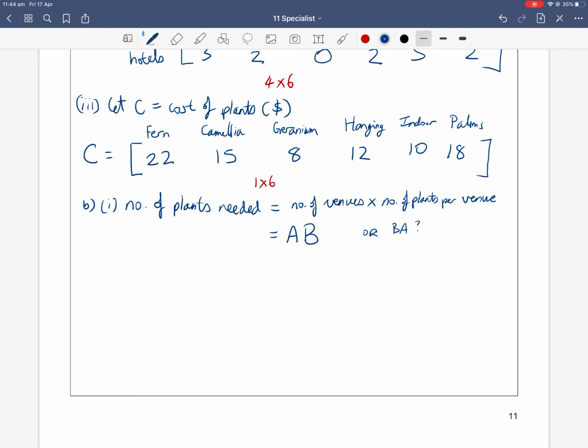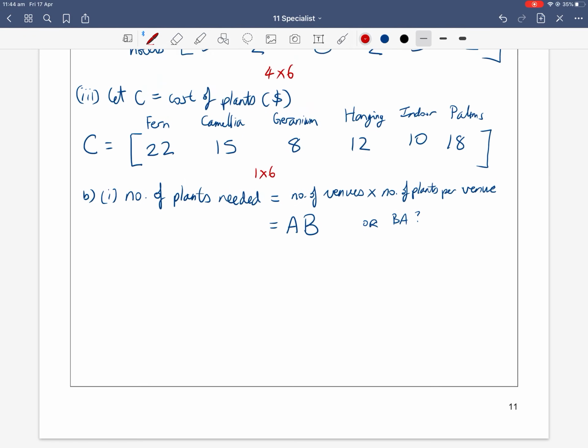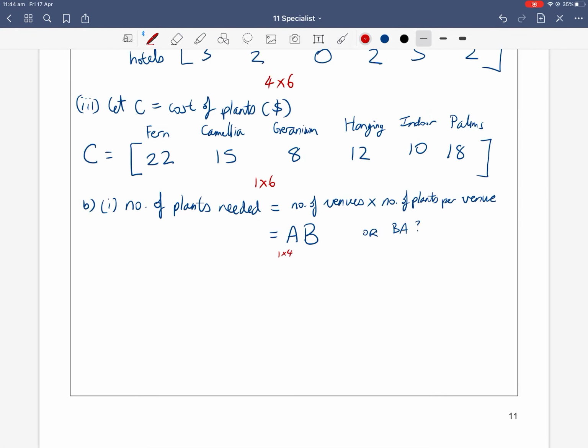One way to check is to check the dimensions, obviously. Another way to check is just literally look at the row by column and which one doesn't make sense. So if we check the dimensions, if we have A times B, A was a 1 by 4 and B was a 4 by 6, right? So if I do A times B, yes, the inside dimensions work, and I should get a 1 by 6 matrix at the end. And you're thinking, does this make sense?